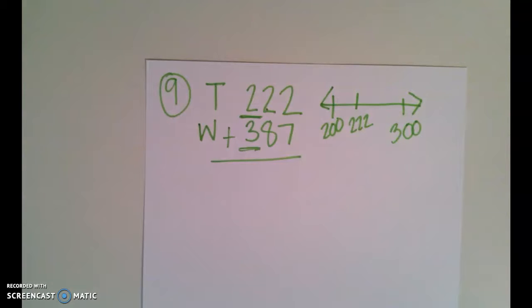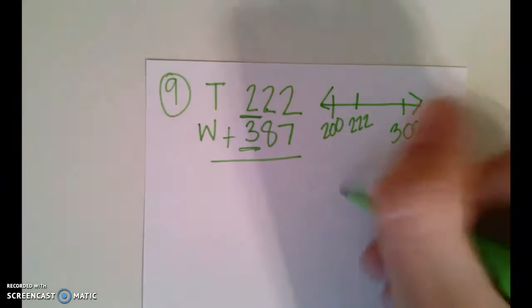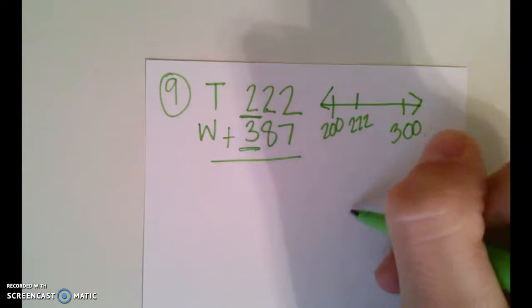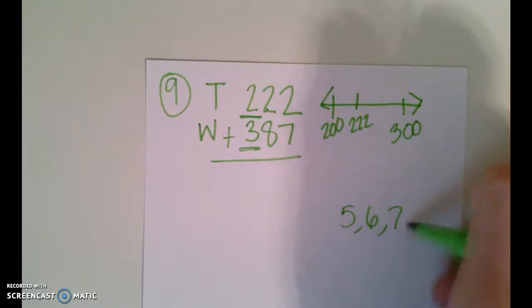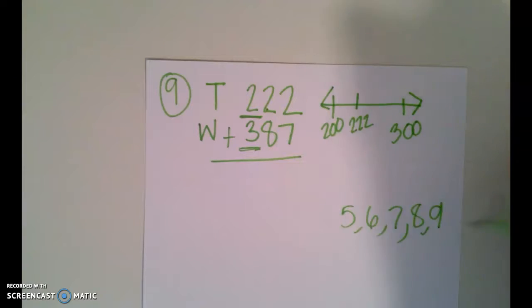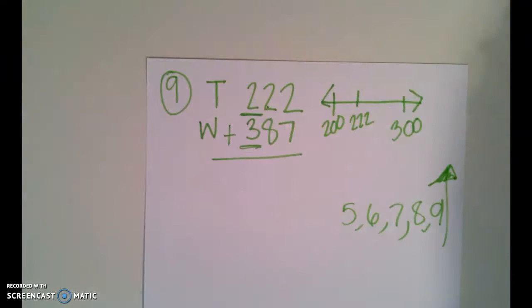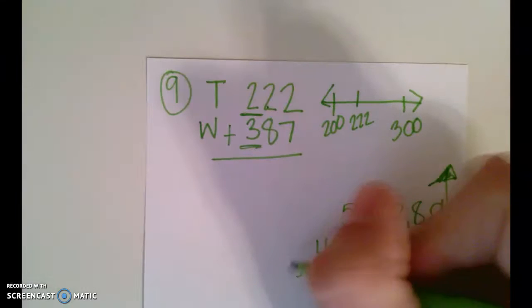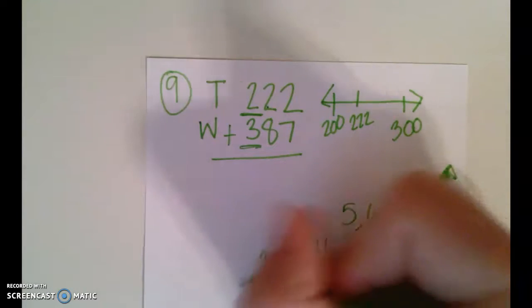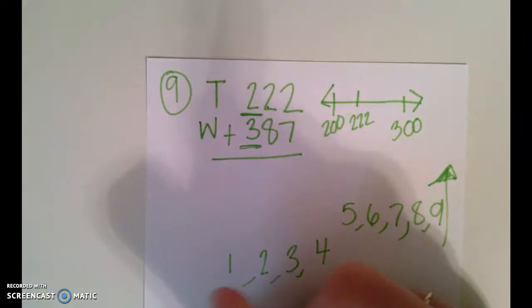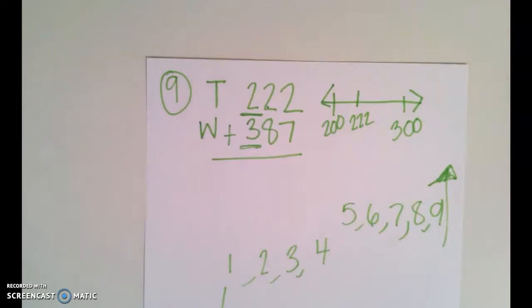Okay, so if I think about rounding, 5, 6, 7, 8, 9, you round up. 4, 3, 2, 1, I'm going to round down.